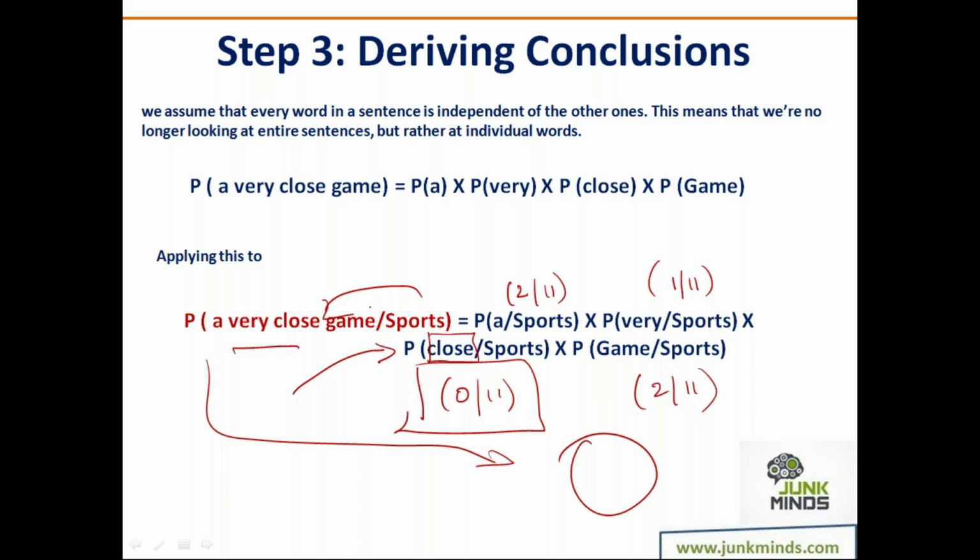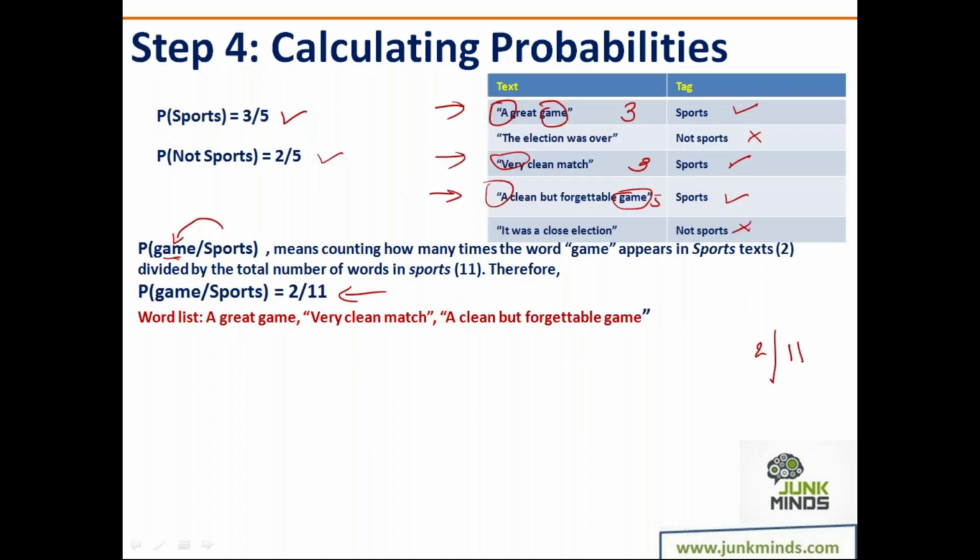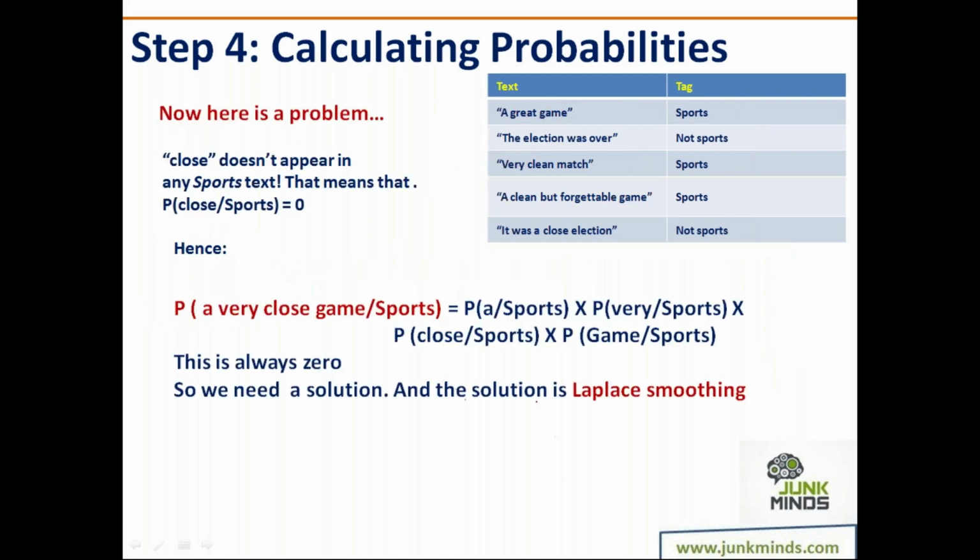So whenever we are working with probabilities in naive-Bayes theorem, it is possible that we might encounter scenarios where the probability of a certain word would be 0. I want to take care of this particular problem, and for that you will always use something called Laplace smoothing. Is the purpose of Laplace smoothing understood?